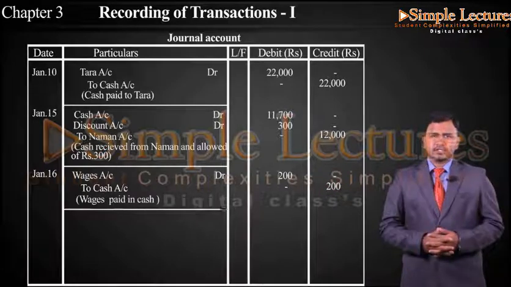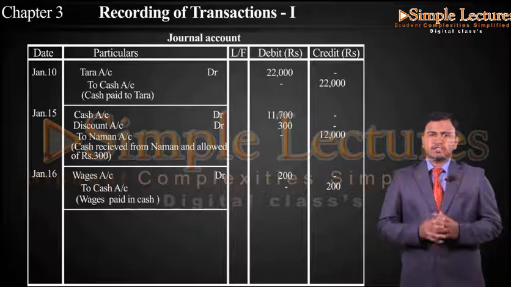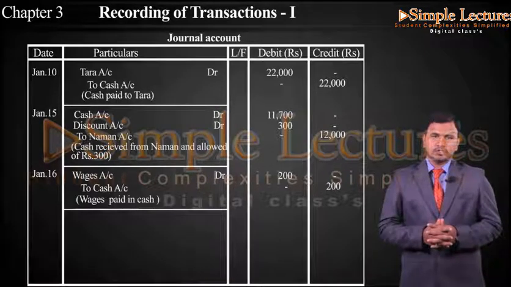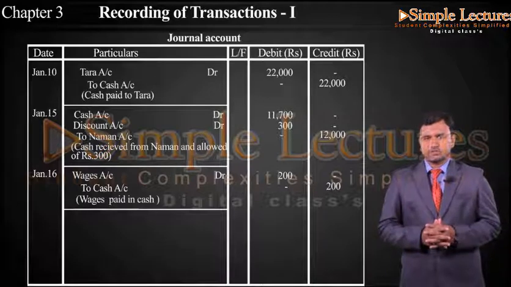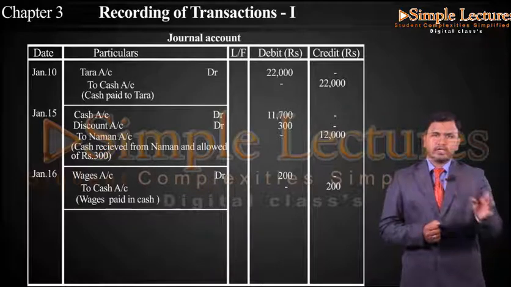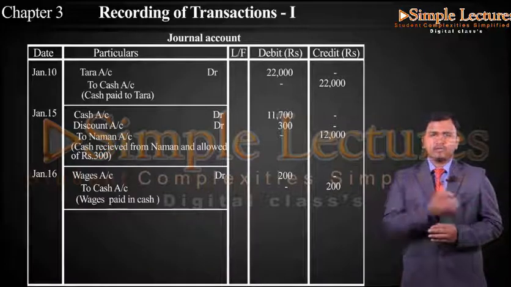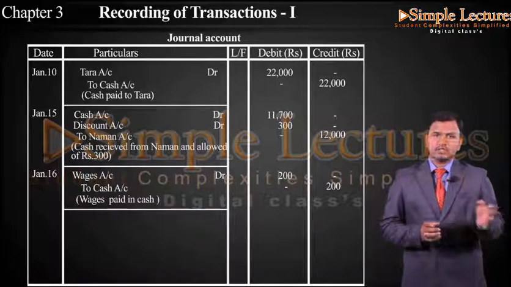Let us take the next transaction, which is on Jan 18th: furniture purchased for office use, 5,000. Here the furniture was purchased for office use. On one side the furniture is entering into the organization, so the real account rule applies here: debit what comes in, the furniture is coming inside.